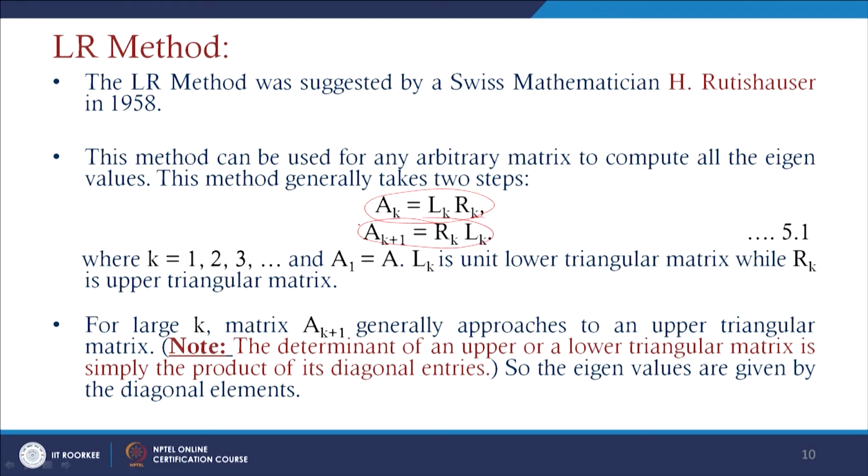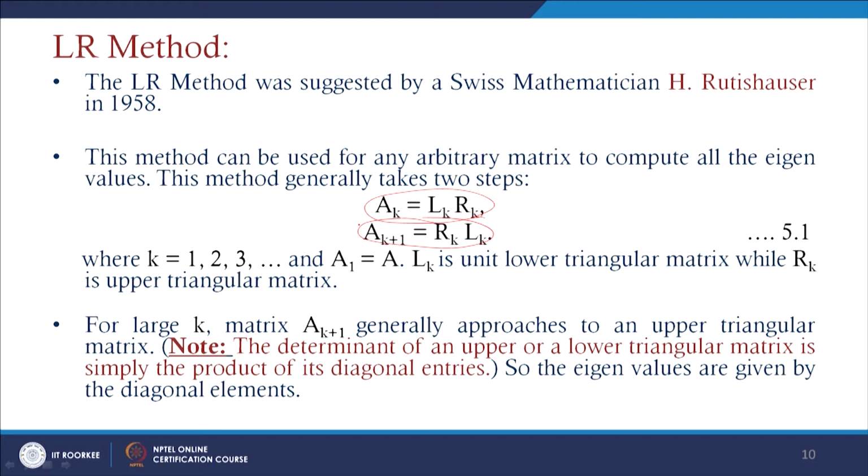If L and R both are symmetric matrices, then both these values are equal, where k equals 1, 2, 3, and so on, and first we consider A1 equals A here. We are taking Lk as the unit lower triangular matrix, while Rk is the upper triangular matrix.